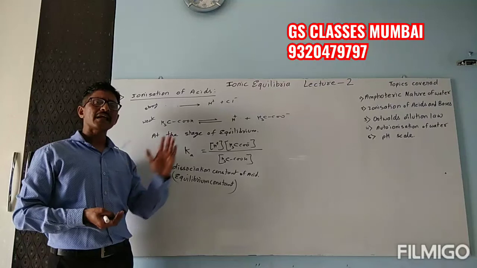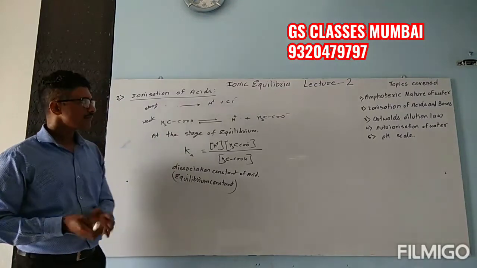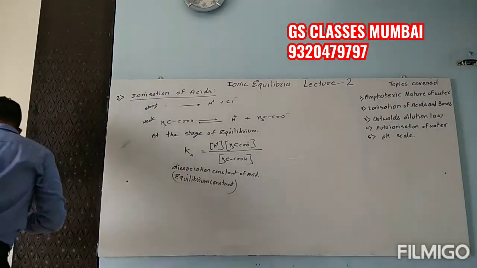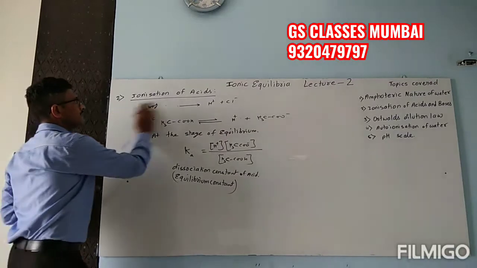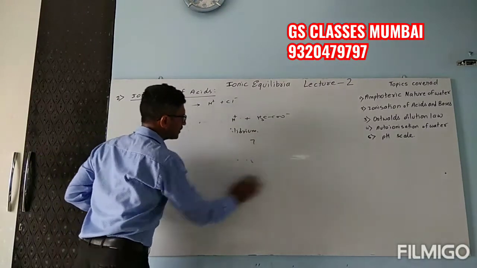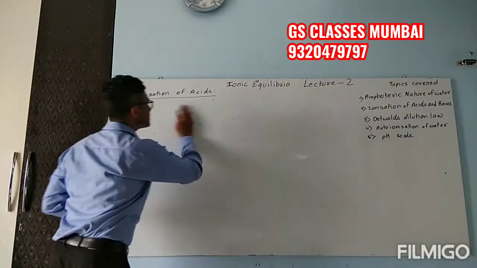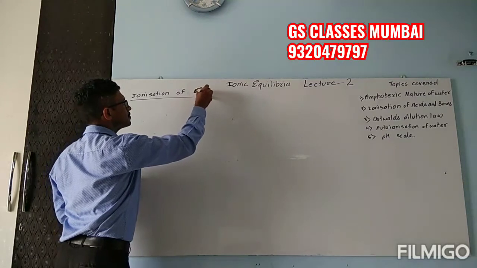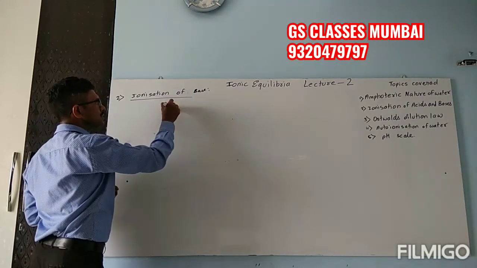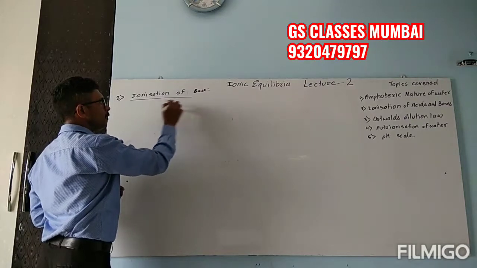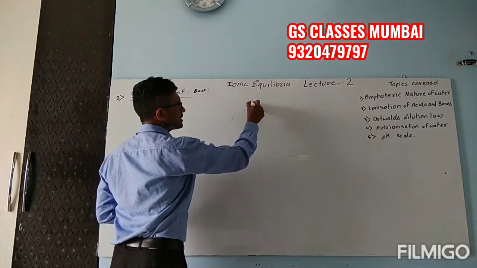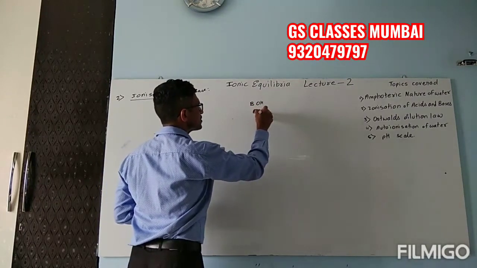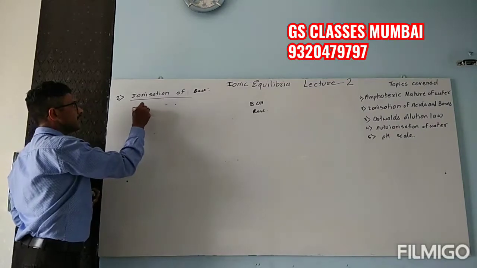Now we can move similarly for the bases. We can take a general example as I have taken for the acid. We may take a general example for base. Suppose BOH is a base, and here I am taking HA as an acid.